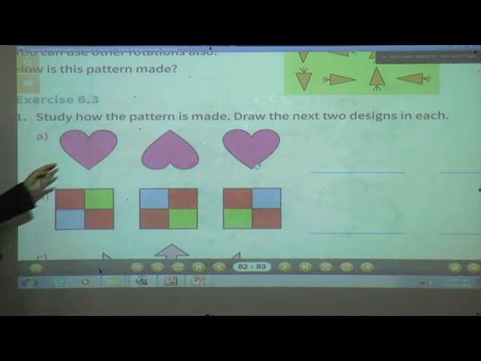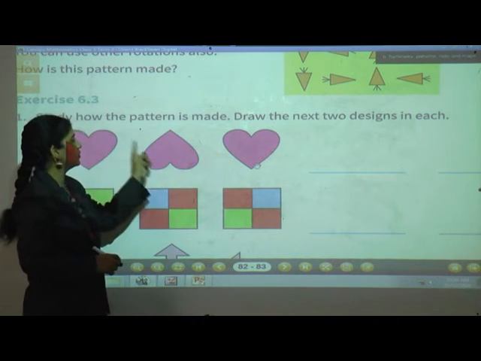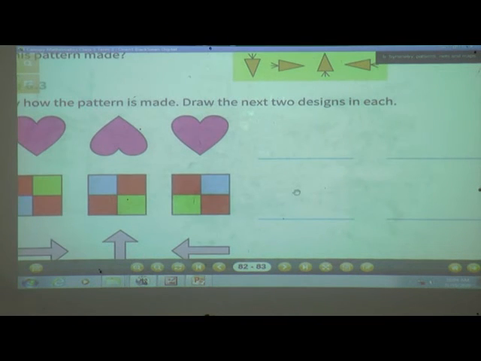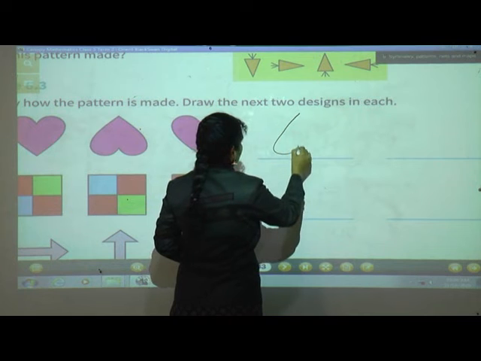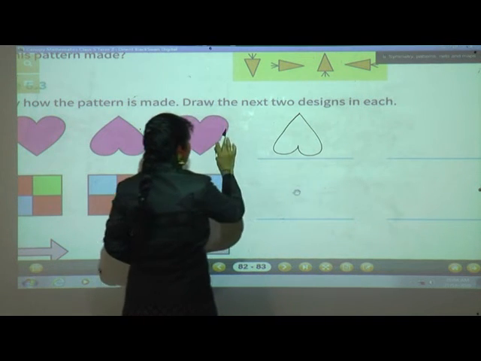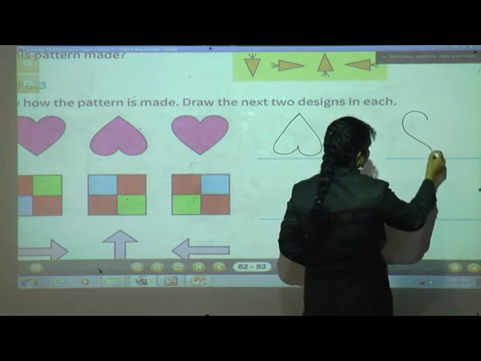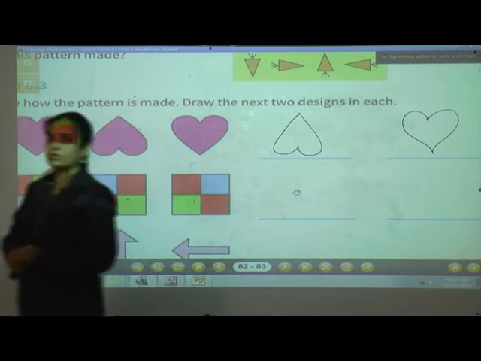See, here is a half turn of this figure. Again the same figure will come. So what will come next? Yes students, very good. Here it will come again, the half turn of this figure like this, and after this again the first image like this. Okay, all of you understood?